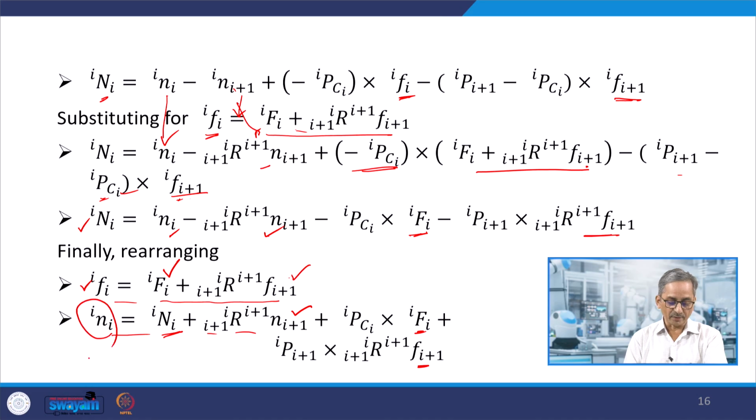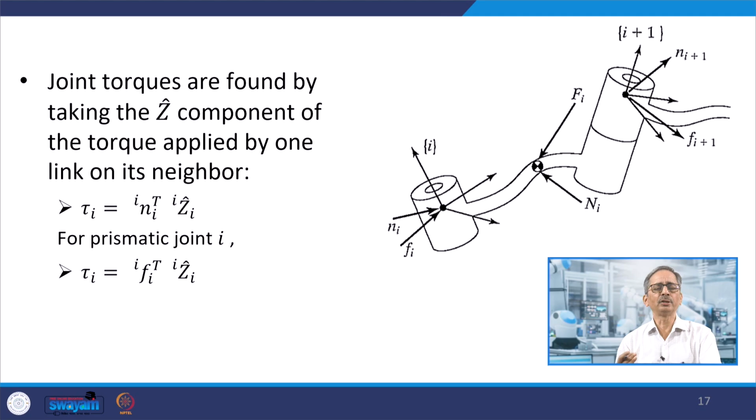So, I can calculate the moment needed at the joint, and I can pick up the z component out of it, because we have assumed the DH parameters right here. In the DH parameters we have assumed that the joint rotation takes place about the z axis.